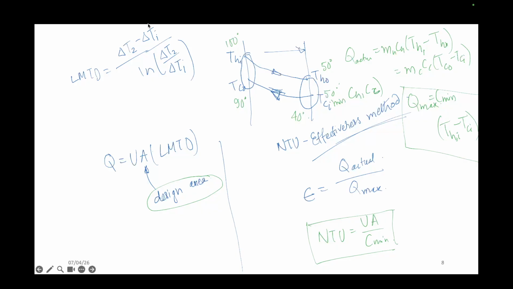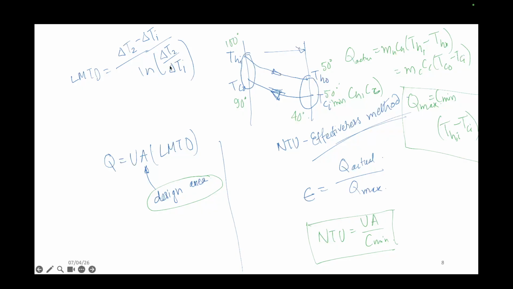Say if you check these two things, del T1 and del T2, and these two are equal, what will happen? The heat transfer will not happen. You got it? And say if somehow del T1 is less compared to del T2, what will happen? Overall this value will be more, right?